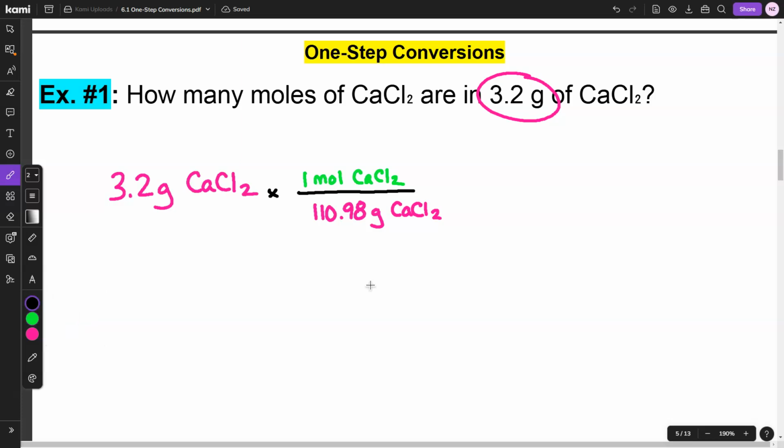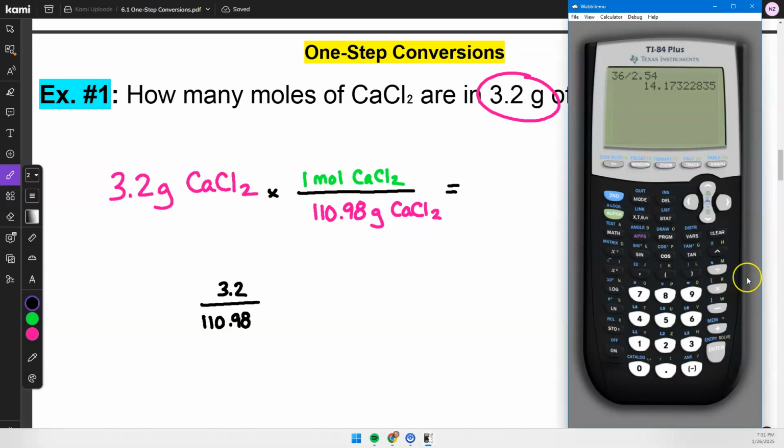Okay. Now, when I put this in my calculator, if I multiplied 3.2 times this fraction, I would end up with 3.2 over 110.98. And I would just do 3.2 divided by 110.98 to get my answer.